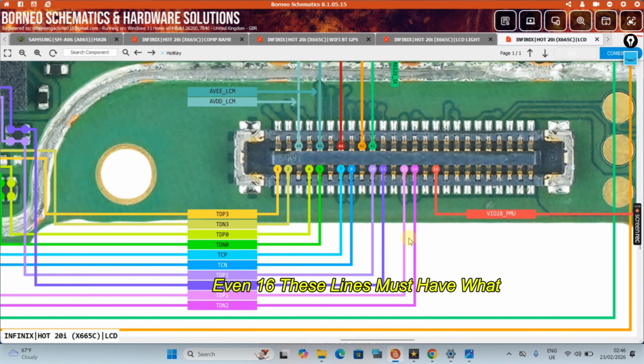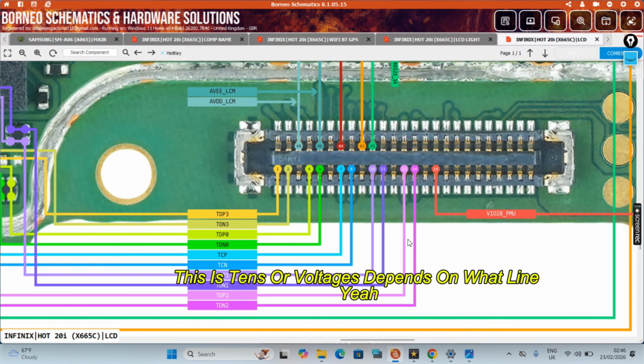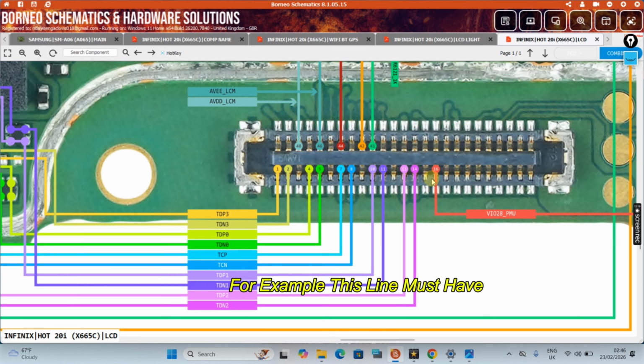These lines must have resistance or voltages. It depends on the line. For example, this line must have 2.8 volts. If you measure this line with the multimeter, you should get this voltage.